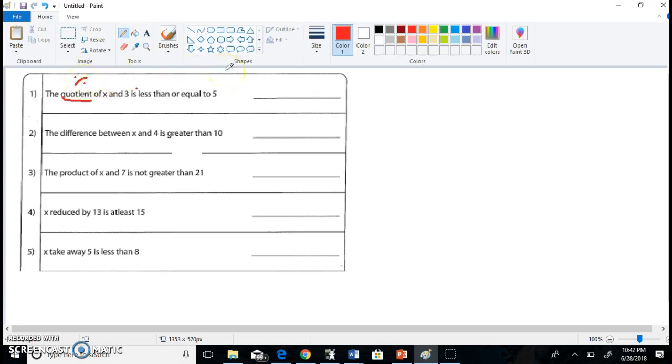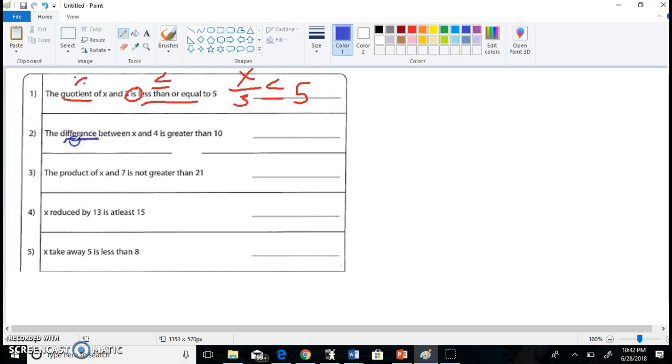Is, that will usually mean equal to unless it is followed by an inequality such as less than or equal to. So this one with the quotient of x and 3, we can use a fraction bar for our division sign. So x divided by 3 is less than or equal to 5.